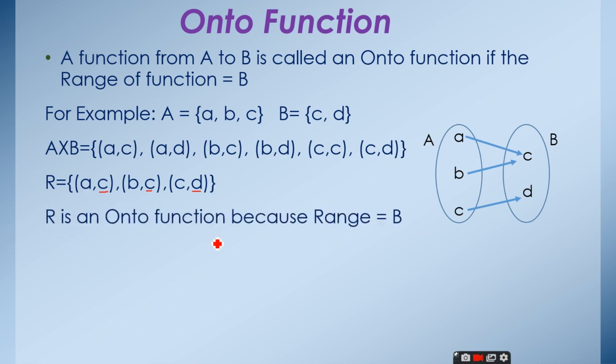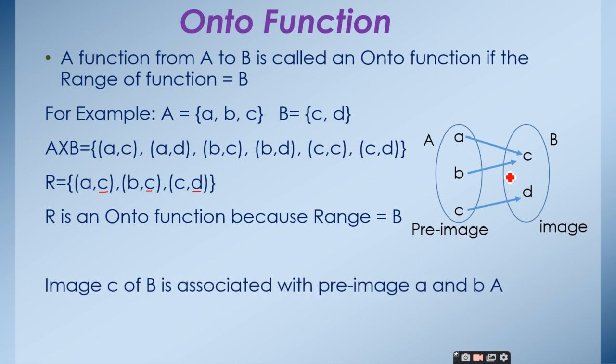R is an onto function because the range is equal to B. This is called the image, and this is called the pre-image. Image c of set B is associated with a and b of set A, the pre-images.